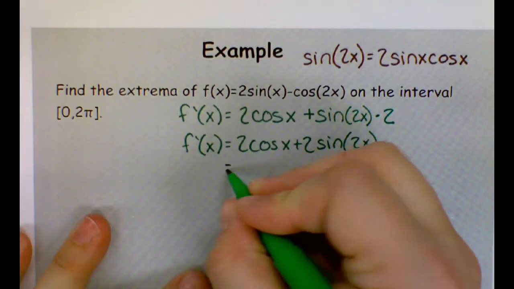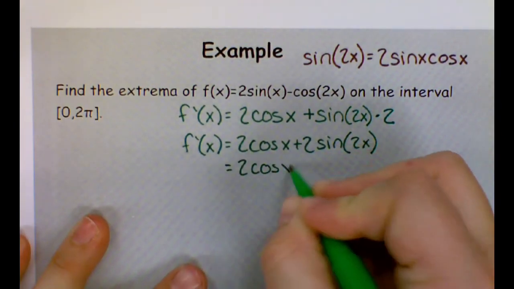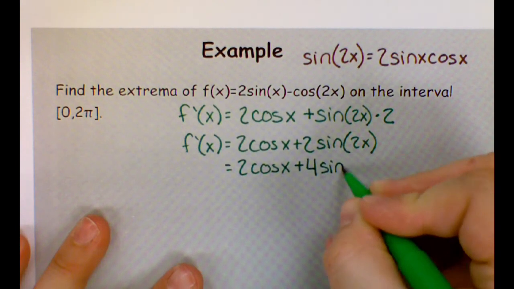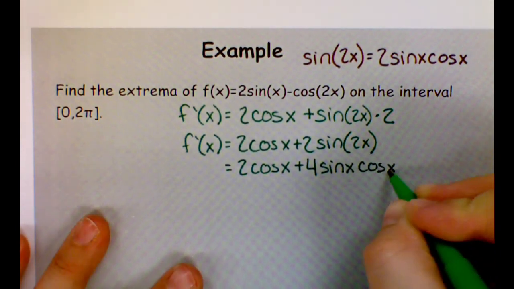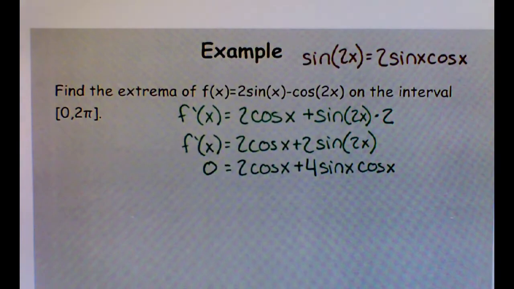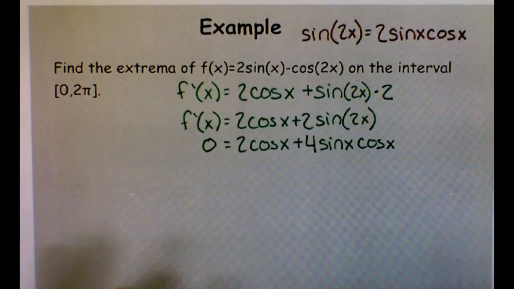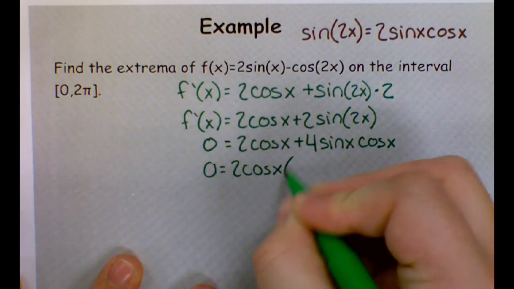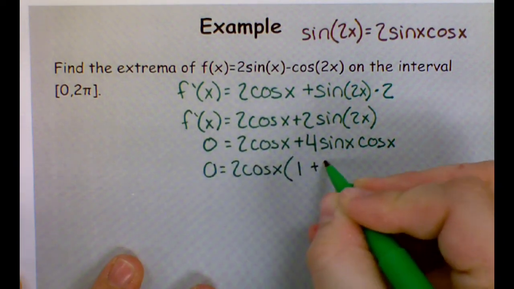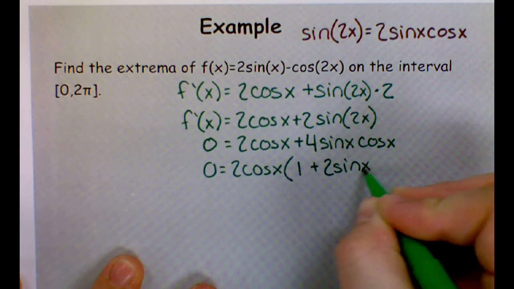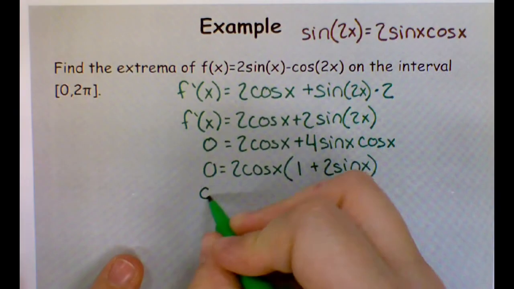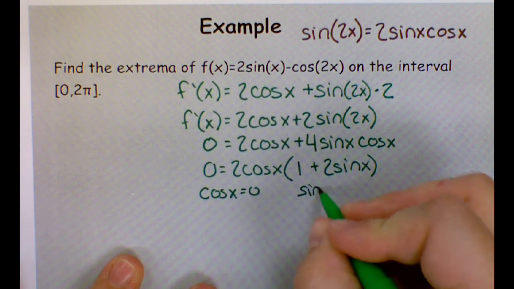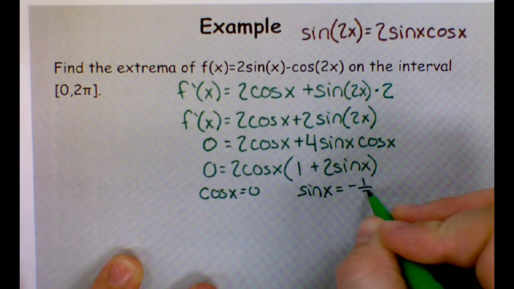So I'm going to replace that. 2 cosine of x plus, well, 2 times 2 makes it 4 sine of x cosine of x. And I want to know when it's equal to 0. The reason for doing that is because now I can factor out a 2 cosine of x. I have 1 plus 2 sine of x. So that means the cosine of x was 0, or the sine of x was -1/2.